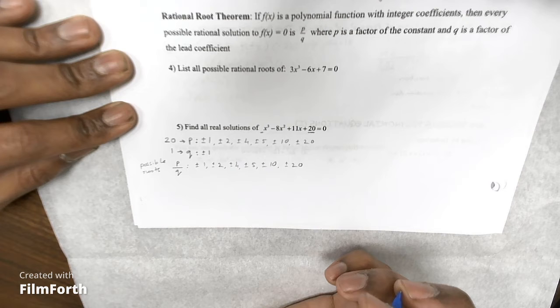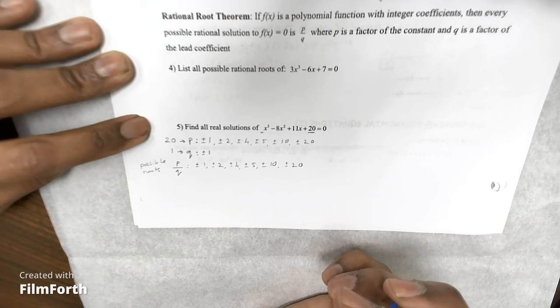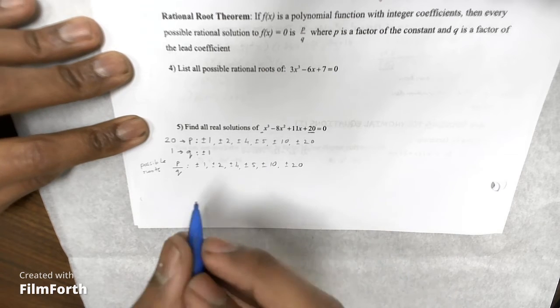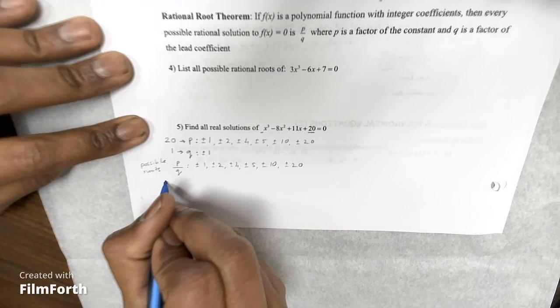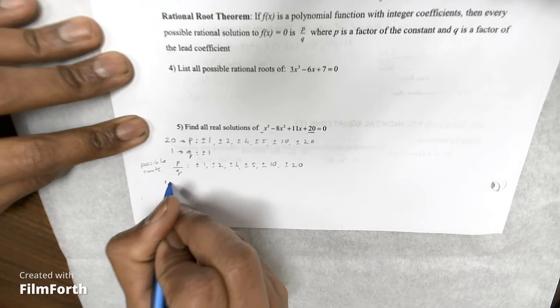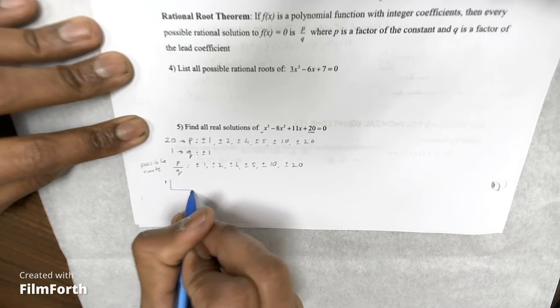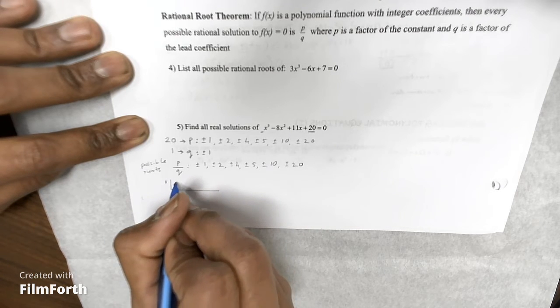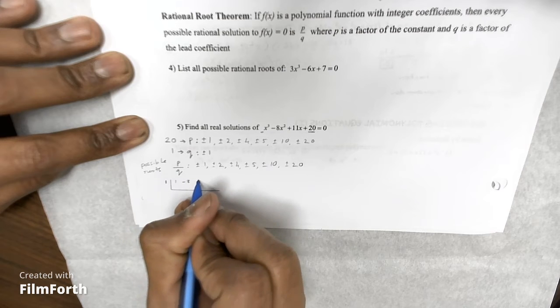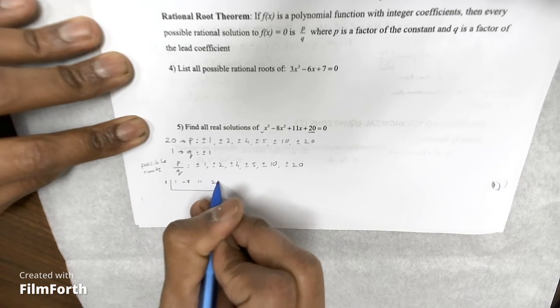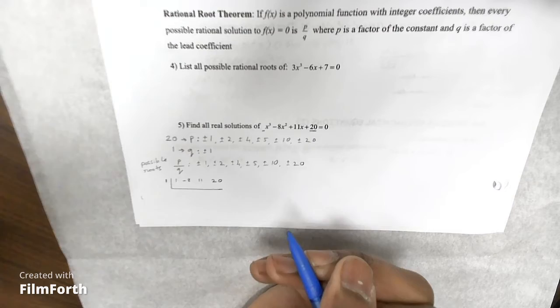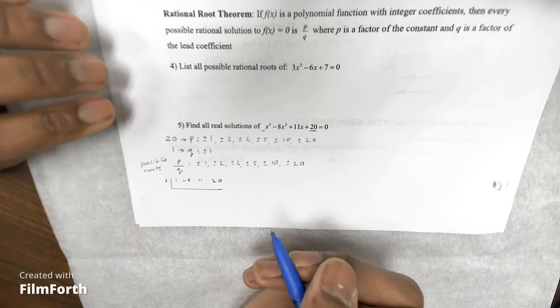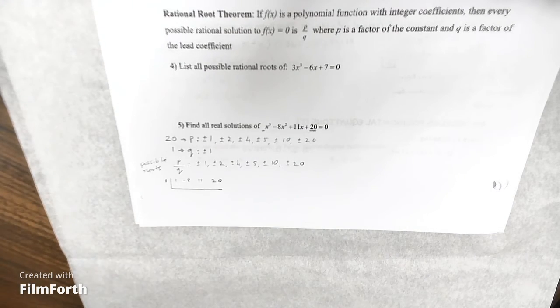How do I know which one it is? Well, I don't really have an easy way besides testing, so I have to test each one. I will first take 1, and I will see if that is going to give me a remainder of 0. You really have to use your synthetic division tools here. By now I'm sure you are well versed with this.